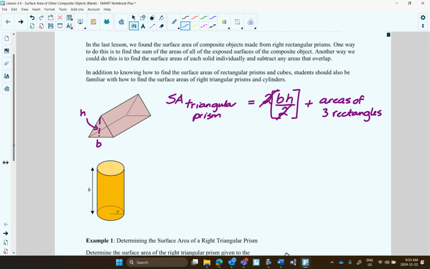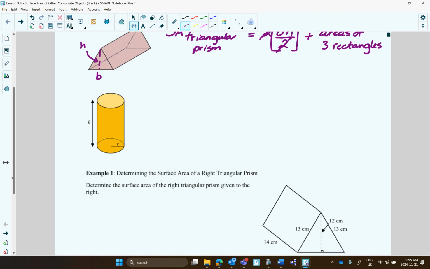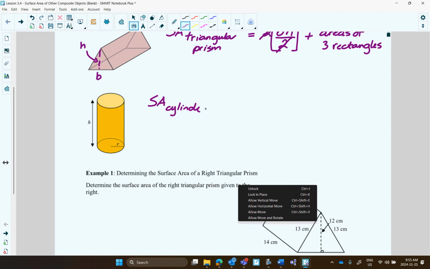For a cylinder, well, the circles on the end, we always want to know the radius. So for the surface area of a cylinder, and again, you will be given these formulas.